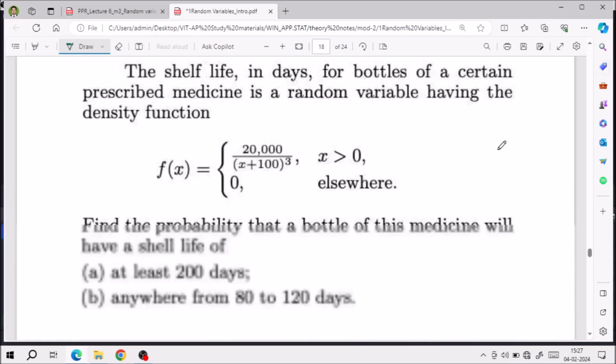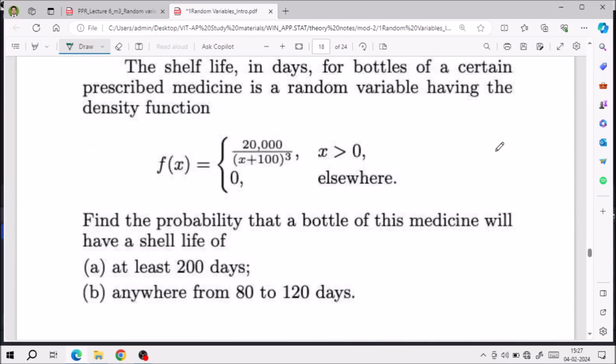So here we have the first problem. This is the first question. Just read this question carefully and try to solve this by yourself first. If you are not getting it, then come here and get the idea along with the solution. So what is the question?